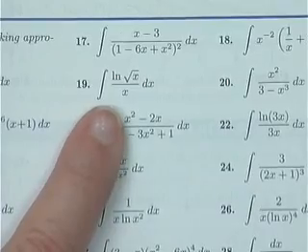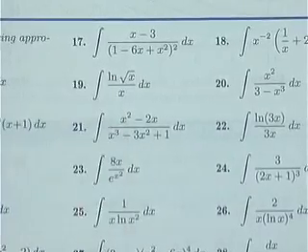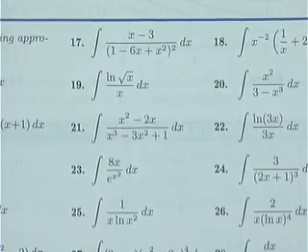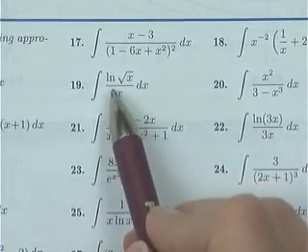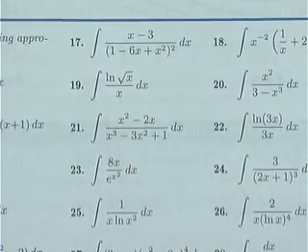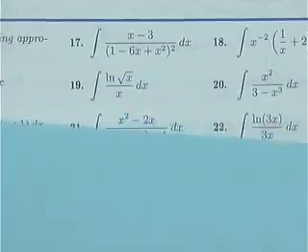Ooh, 19. What do you think about that one? It is going to be a u to the r. You might have to write that natural log of square root of x as natural log of x to the 1/2. Let me help you out on this one. This one looks bad.